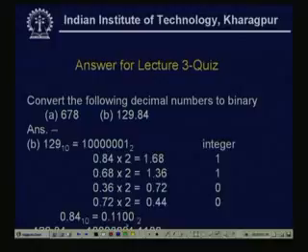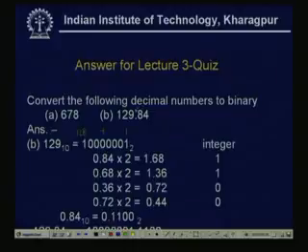If we take this value, it will be 128 and this value will be 1. So, this is 128 plus 1, because the rest of the digits are 0. So, this is 129 in the decimal number system.